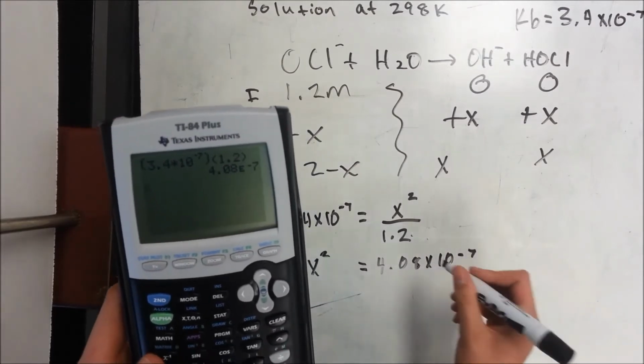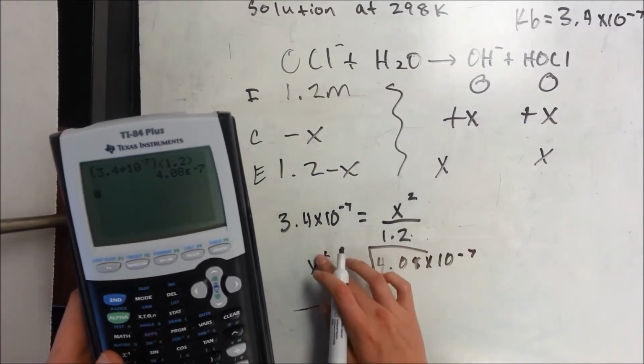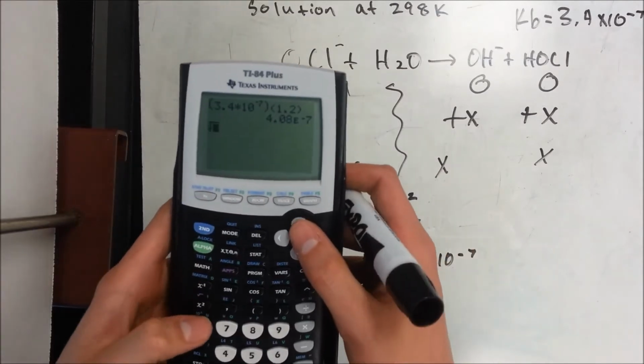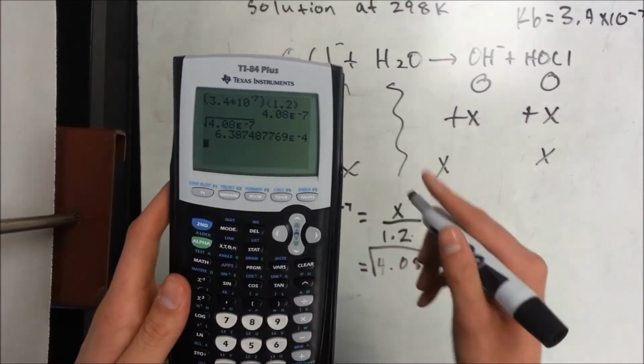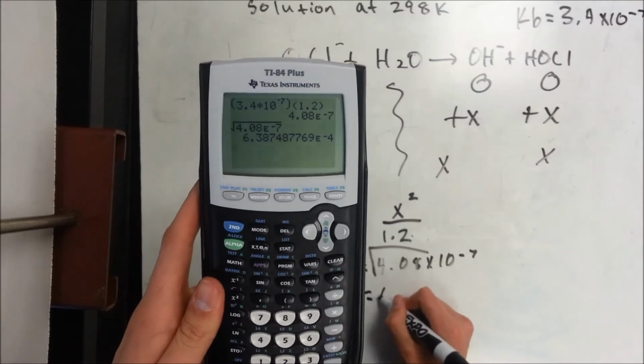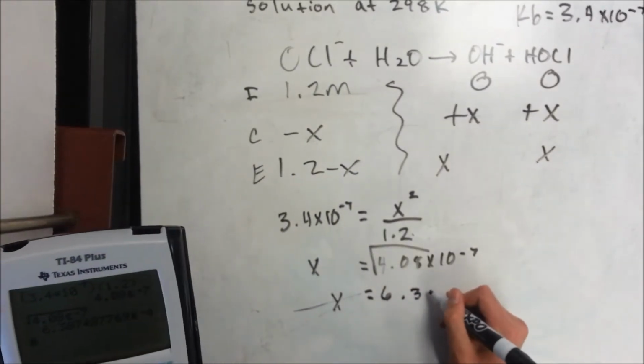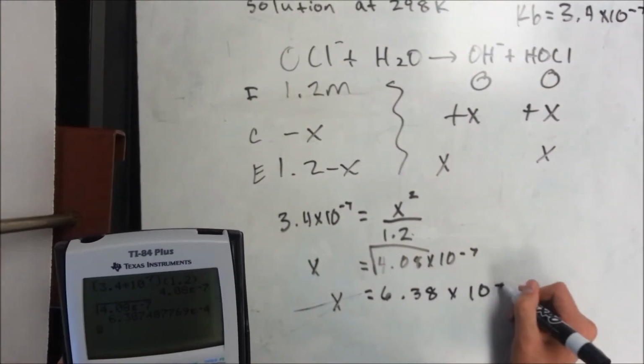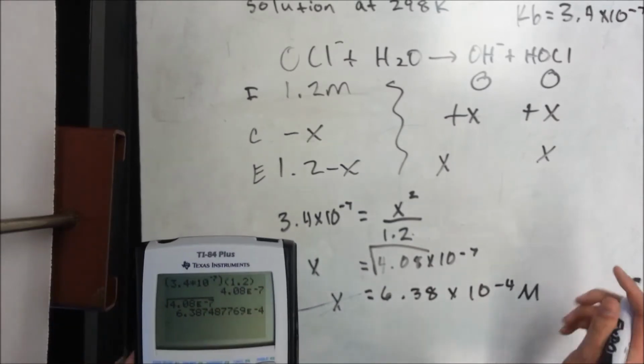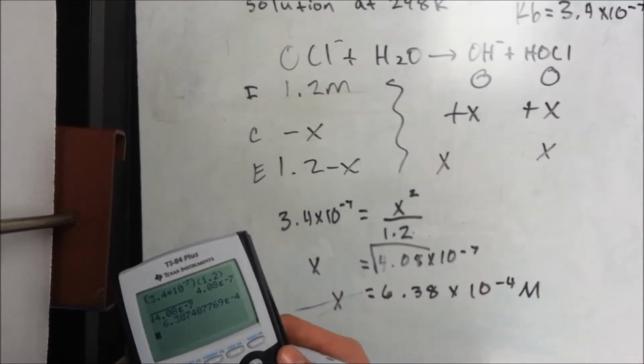Because we're looking for X, we take the square root of this value, and we find that X is equal to 6.38 times 10 to the negative 4th. And that is the concentration of hydroxide in the 1.2 molar solution at equilibrium.